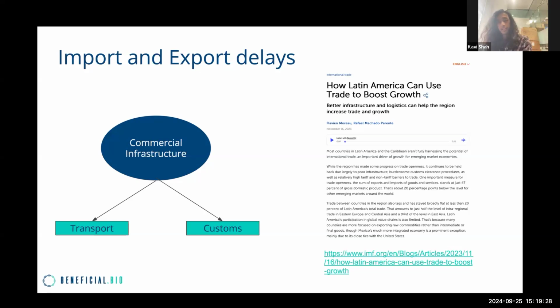And so, to present the problem, there was a lack of commercial infrastructure, and this can reduce efficiency of production and also result in delays to reagent producers, for example, being able to produce their own products.